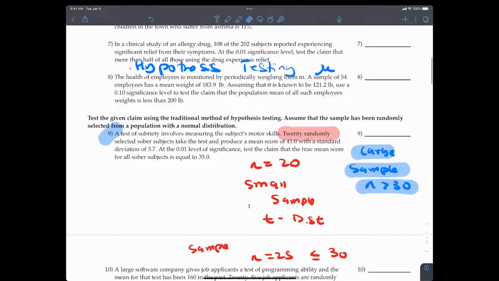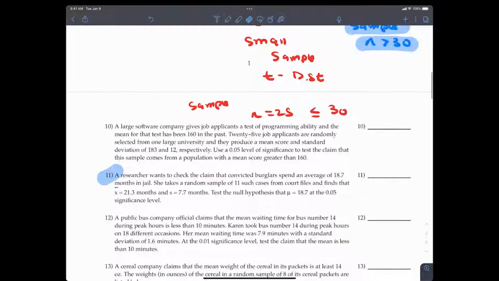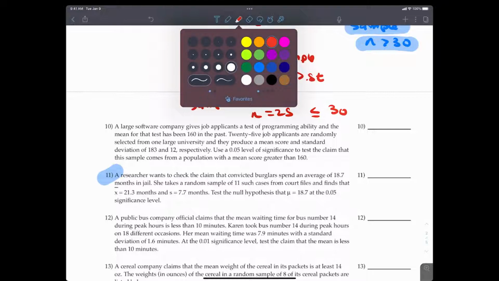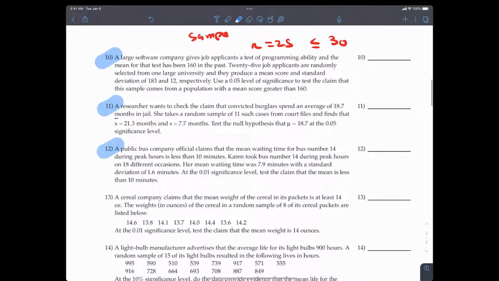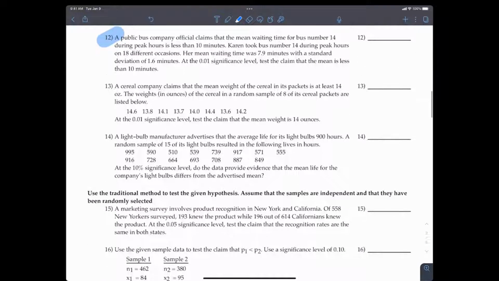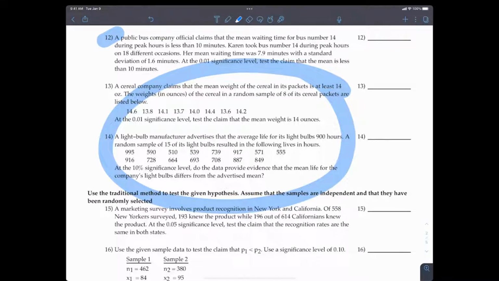So 9, 10, 11, 12 are small samples. Obviously, these here are also small samples. So we will now need to change your homework until the day we go with the small samples.